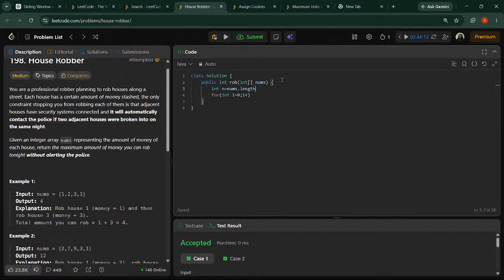I'll start now. i less than n, i plus plus. I will be doing... Start with recursion. Should I start with recursion for this question?